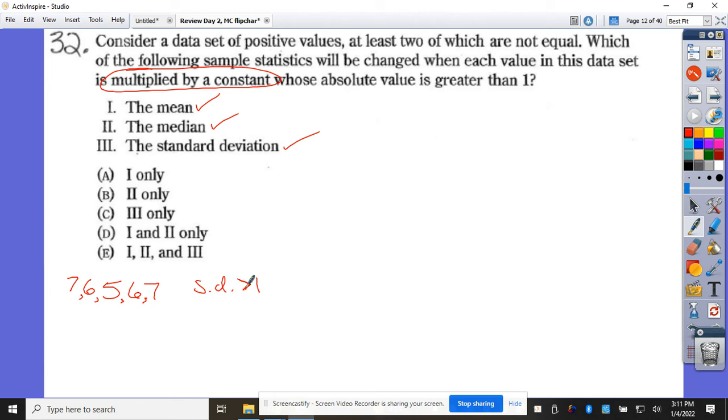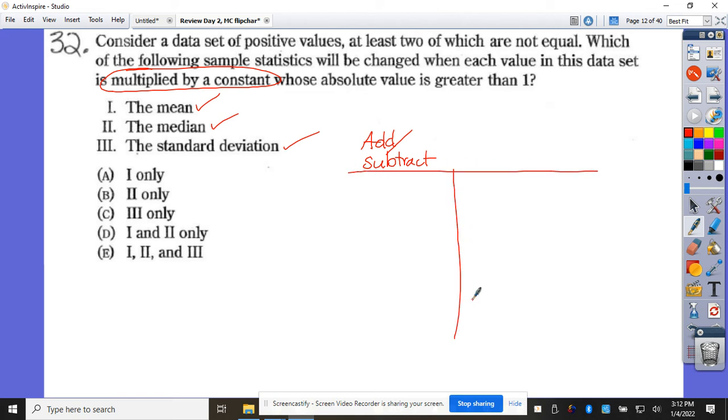But the concept of what goes with this problem, I want to go ahead and write out. And I do want everybody to write this. So I'm adding or subtracting a constant, or I'm multiplying or dividing a constant.